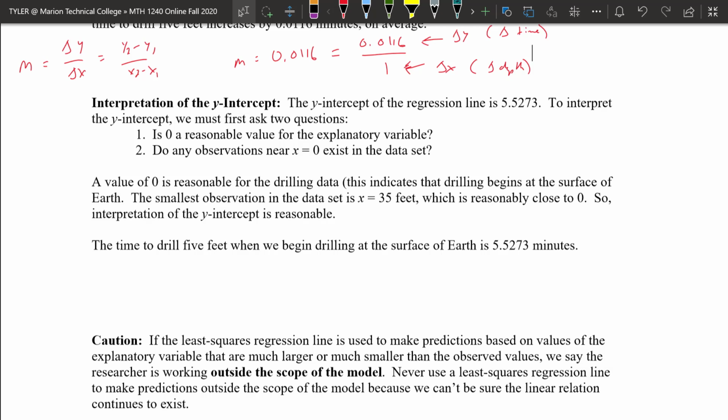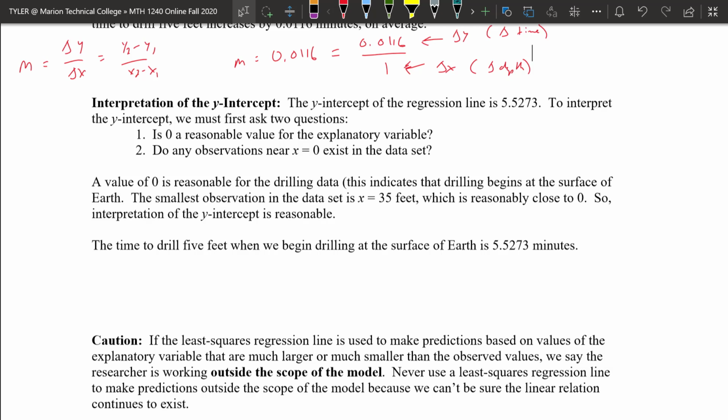And also, do we have any observed values near 0 in the data set? A value of 0 is reasonable for the drilling data because that would just indicate that you begin at the surface of the earth. If your depth value is 100, that just means you're 100 feet down.